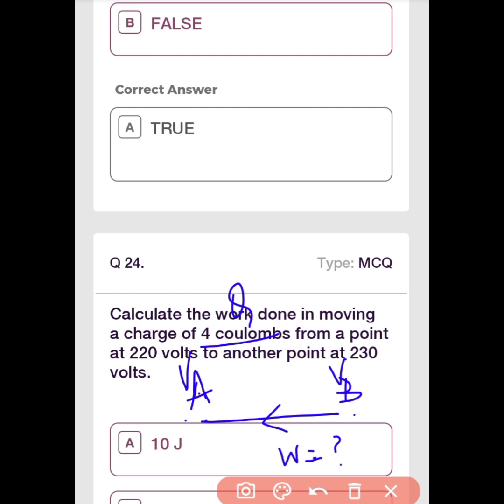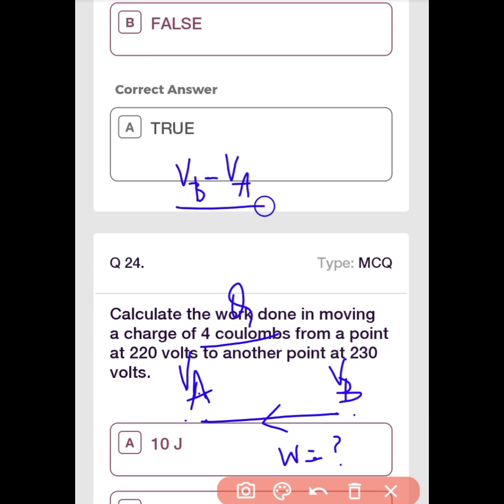Having known Q and V, we need to find W. But here two potentials are given. We need to take the difference of the higher potential to lower potential. So the potential difference is VB minus VA.